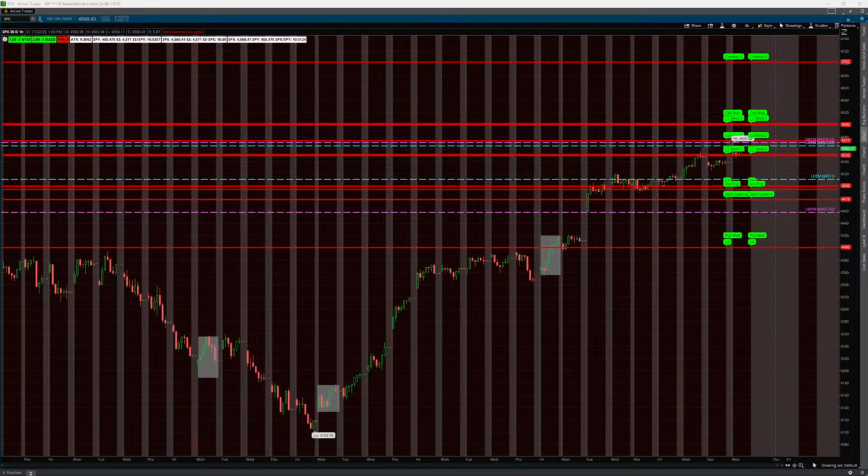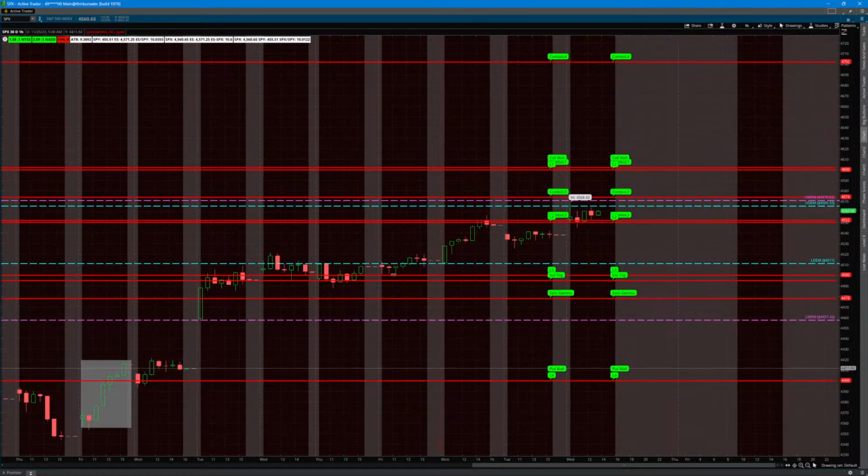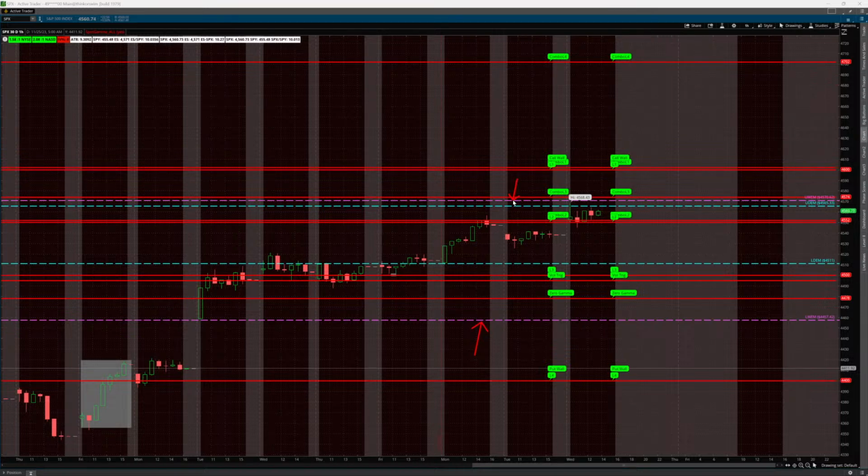All right, let me point out the levels on this chart. Maybe easier if I zoom in just a little bit. Yeah, it is. All right, so the levels that I want to point out are shown on this chart. First, the lower and upper weekly expected move is shown by the dashed purple lines.